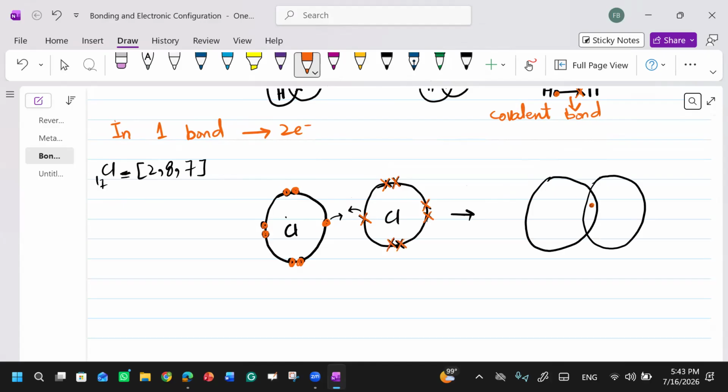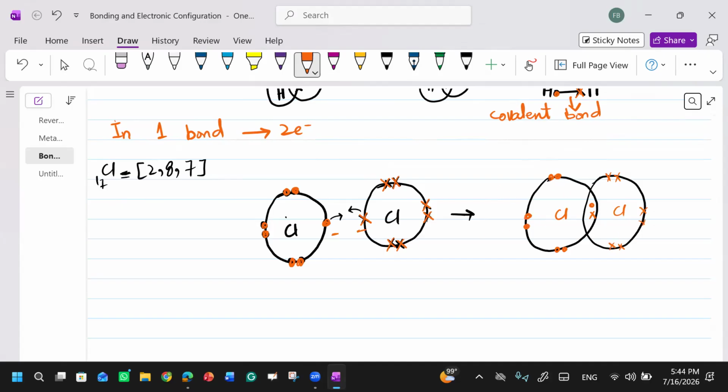Now you see in the center, this will be there, like this one, and this one will be in the center. All others will be in this position, with dots and crosses.